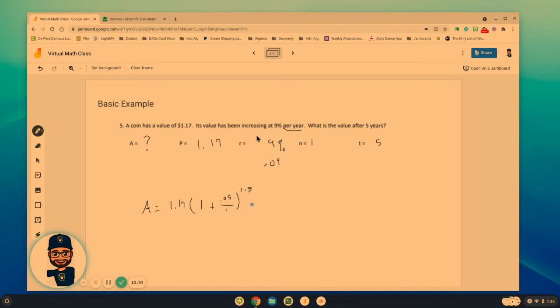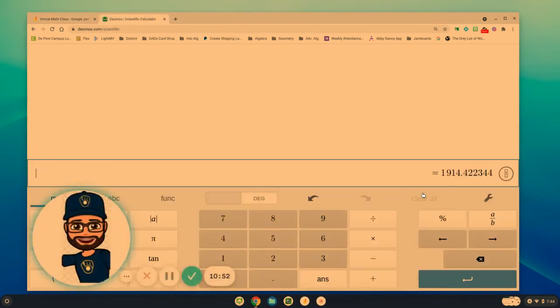So Desmos is going to become your friend, and you want to make sure you're utilizing Desmos to punch that in. All right, so we're going to go over there. I just got to write this down so I make sure that I am actually typing in the exact information that it wants. Let's clear what we had, and here we go.